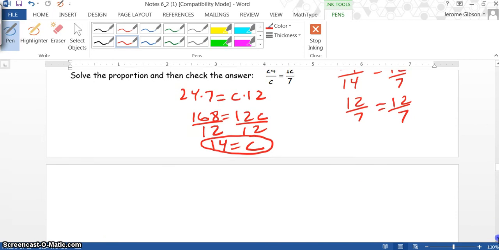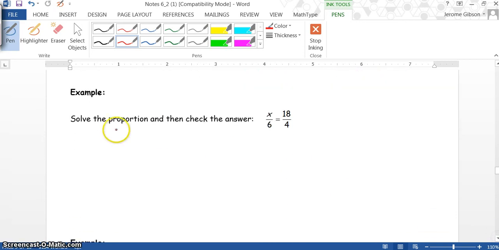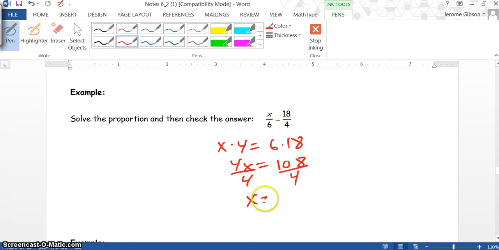Okay, now we move on to the next problem. We have another example. So we will cross multiply. We will have x times 4 is equal to 6 times 18. Now x times 4 we know is 4x, and 6 times 18 is 108. We divide each side by 4, and x is 36. Made a slight error here.